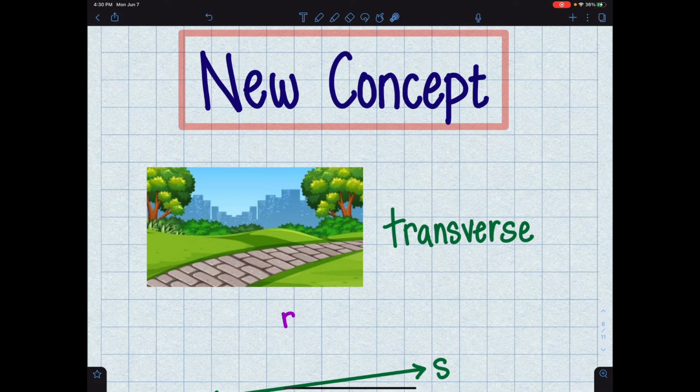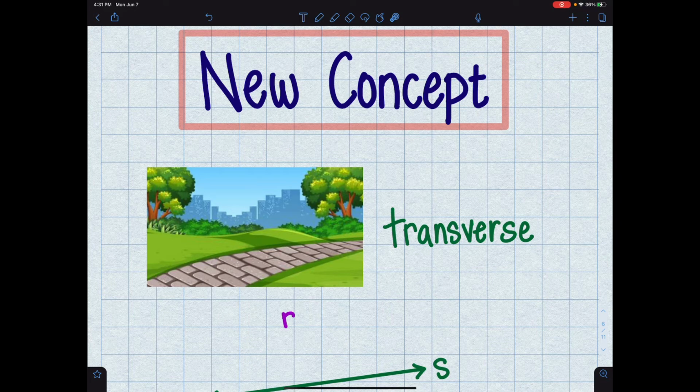And I'm going to jump into the new concept. There's a ton of new vocabulary words, so here we go. The first vocabulary word is a transversal, kind of like transverse, but with an AL at the end. And transverse, the way I think of this word is it's something that cuts across.